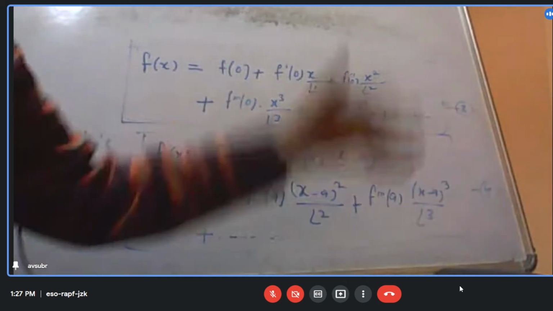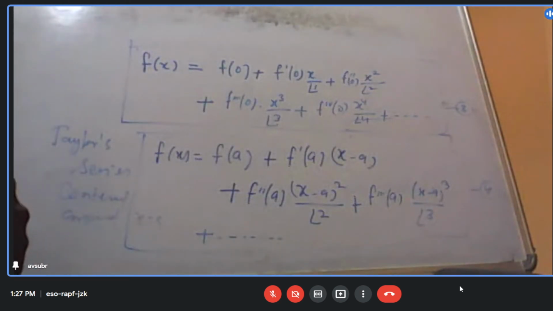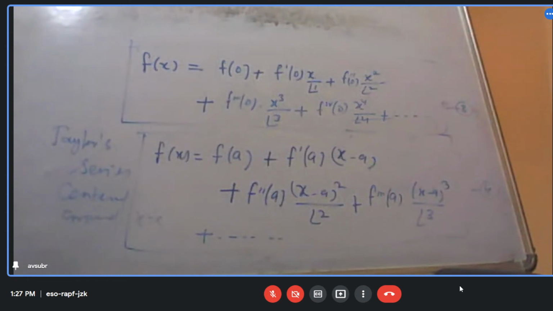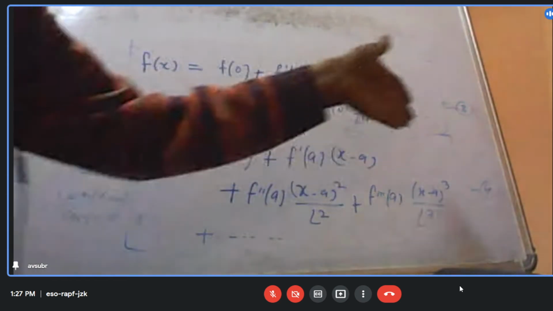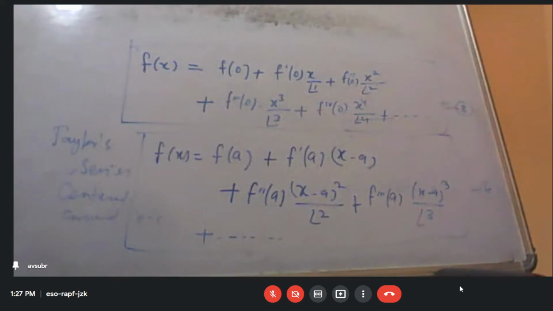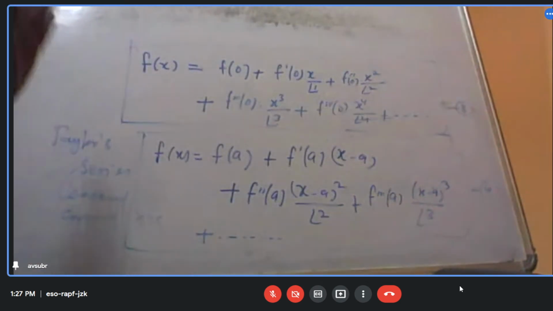I will call them Taylor coefficients. So it can be given by the coefficients of this Taylor series. I hope it is clear. So this is one thing we must remember.